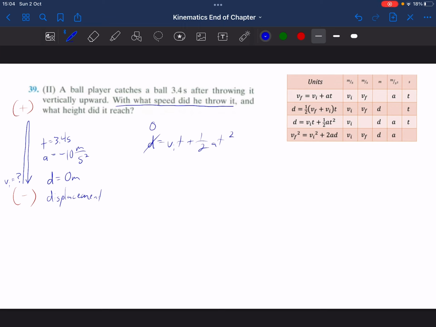And now we're going to solve for T. Wait, what are we solving for? We're solving for VI, sorry. So VIT equals, okay, get those on different sides.